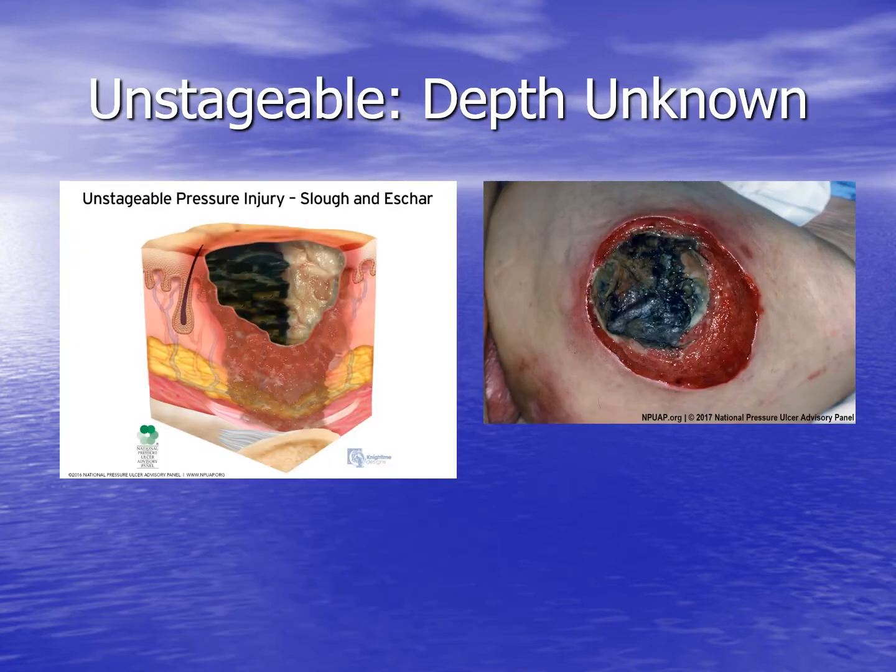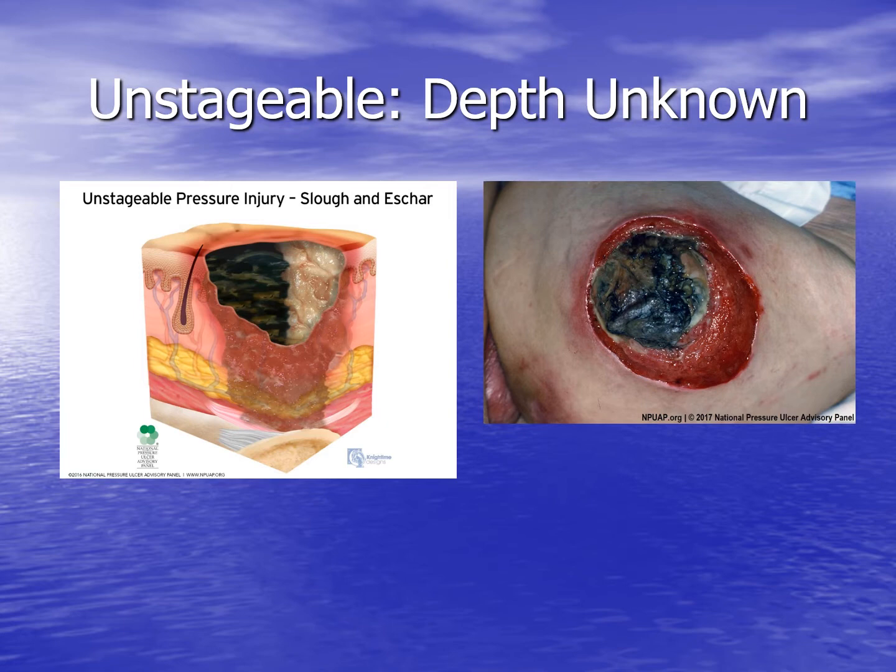And then you've also got unstageable, where the depth is unknown. This schematic diagram is showing you how the tissue is going to be damaged, and this is an image of an unstageable in real life. This black tissue here is dead gangrenous necrosis.